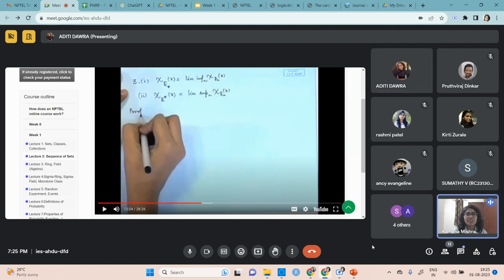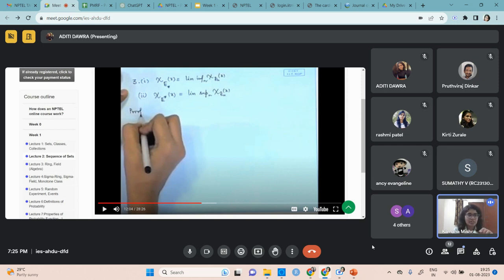So what he's trying to do is, if you have, say, a number of sets, or an infinite number of sets, like 1 minus 1 upon n, 1 minus 2 upon n, 1 minus 3 upon n, then these are different sets, and you can take them as e1, e2, e3 and en, right?